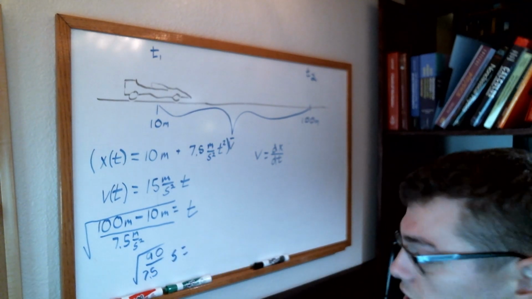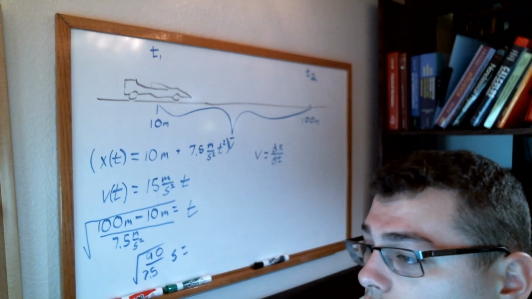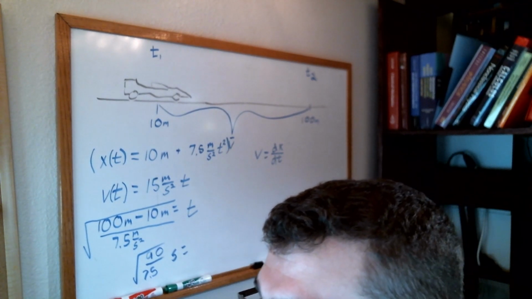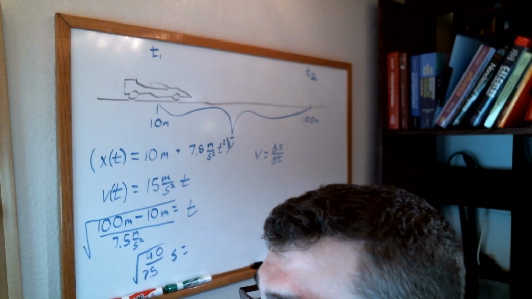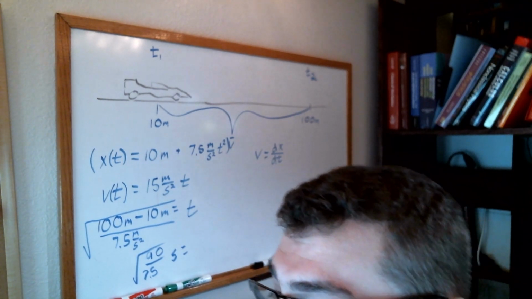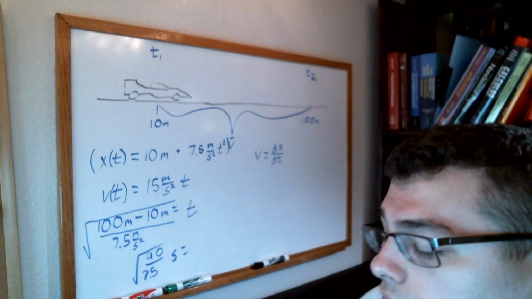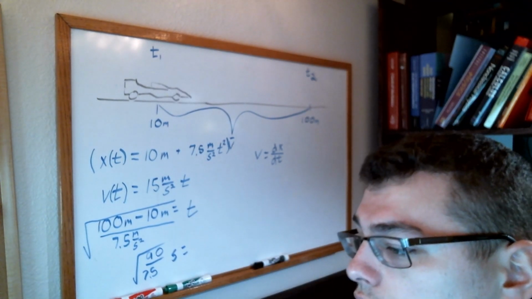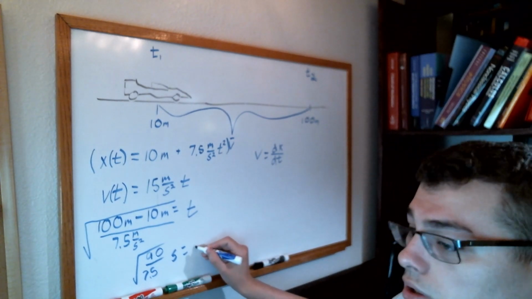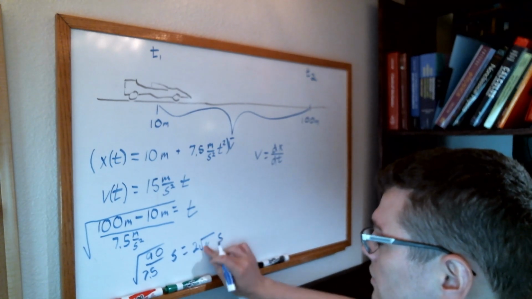Okay, so let's take the square root of 90 over 7.5. 90 over 7.5 is 12, so the square root of 12 is just going to be 2 square root of 3 seconds.